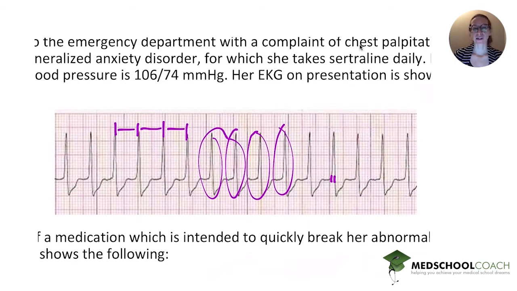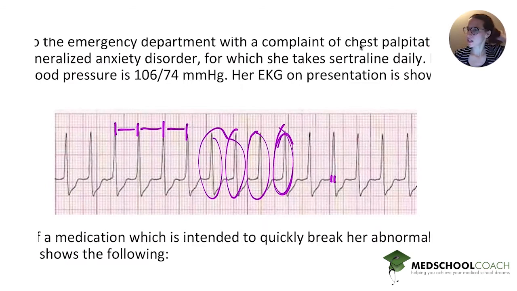Where does it sound like that tachycardia is originating? Is it above the ventricles or in the ventricles? It's above the ventricles, right? And that word pretty much tells us, based on these narrow complexes.